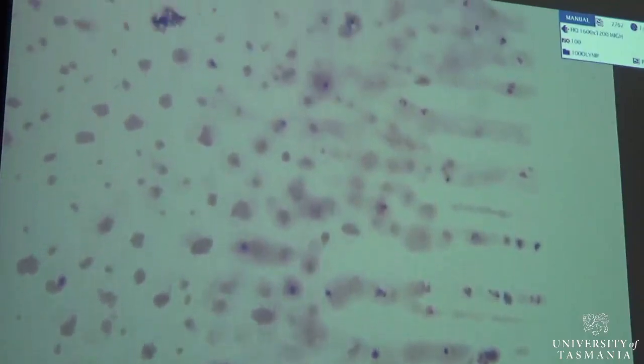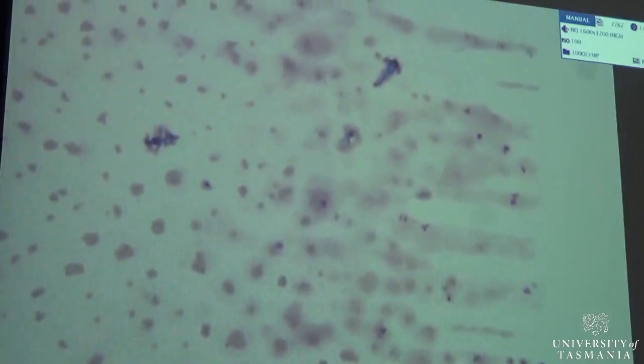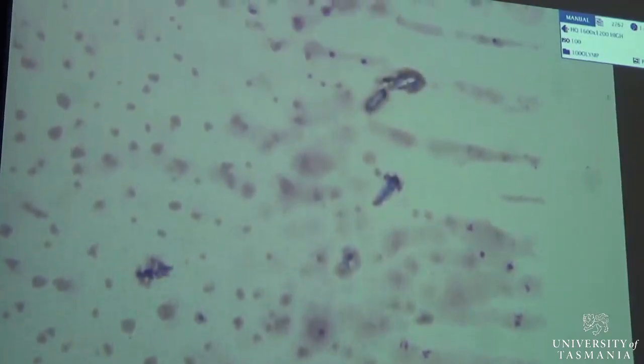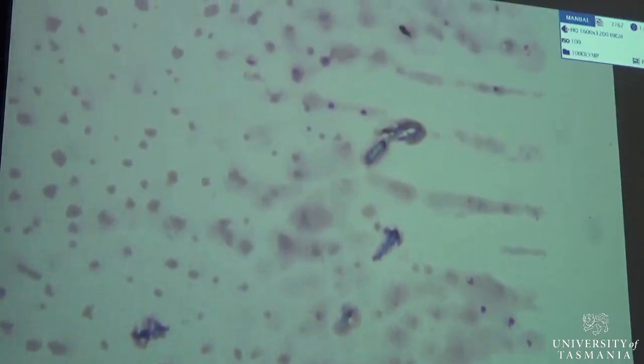So I'm just going to the 10 times and I'm going to blow it out. So this is the other end of the film. This is the tail of the film. And the reason that we don't look at the morphology in the tail of the film is because you can see that the cells are all clumped and clustered and the white cells tend to get caught up in the tail, and they can give you an incorrect differential count.